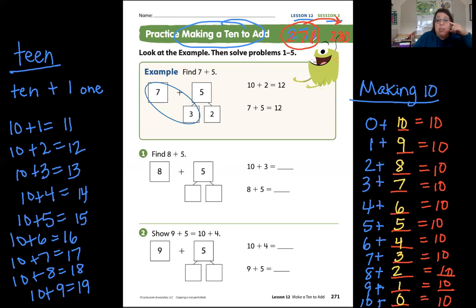If this is in the ones place, and this is 1, how many more would we need to get to the next 10? Right. 9. So 271 plus 9 takes you to that next 10. Part of why it's so important to understand our tens right now.